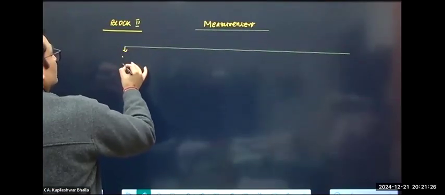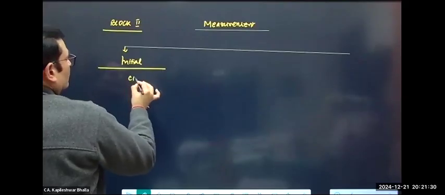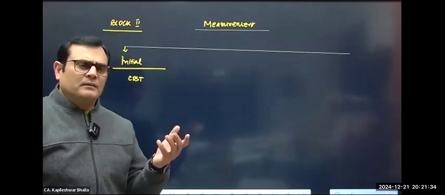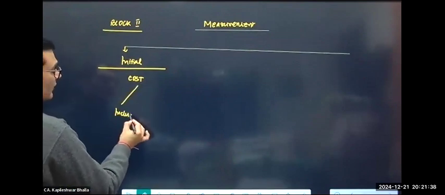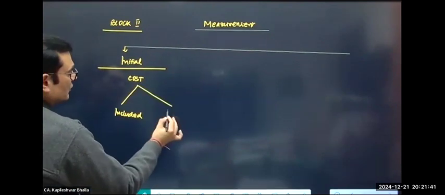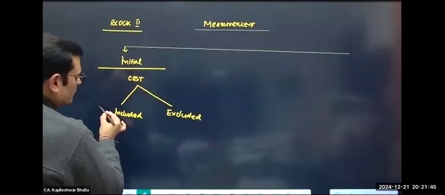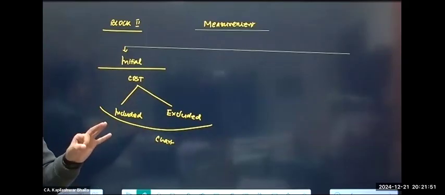When you consider initial measurement, the standard is very clear that you are going to consider the PPE at cost. Here again, the question is what is included in the cost and what is excluded from the cost. We need to understand the inclusion and exclusion, so we're going to make a separate chart on this area.